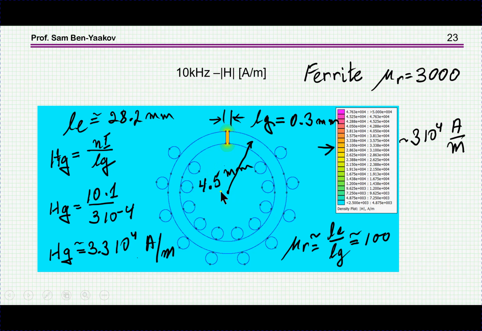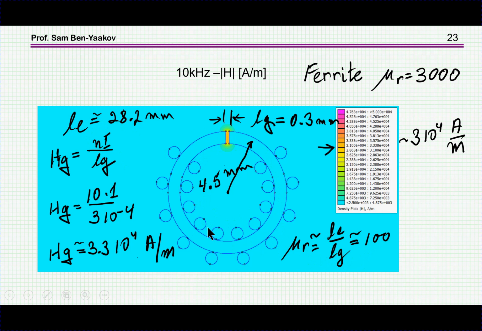The radius is 4.5 millimeters, the gap is 0.3 millimeters, the magnetic path length is 28 millimeters, and again we can say, and this is from the theory, that the equivalent relative permeability of this structure is the length over the gap length, which comes to be about 100. Okay, so this is the permeability.